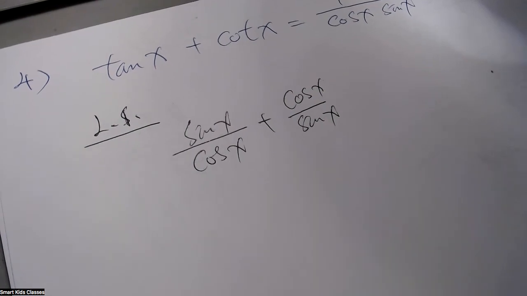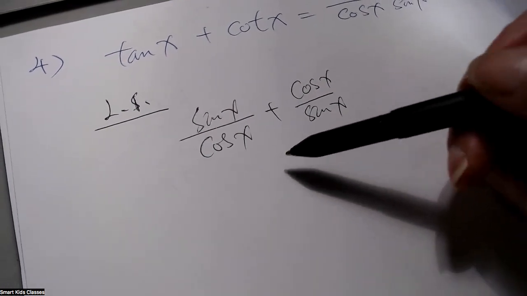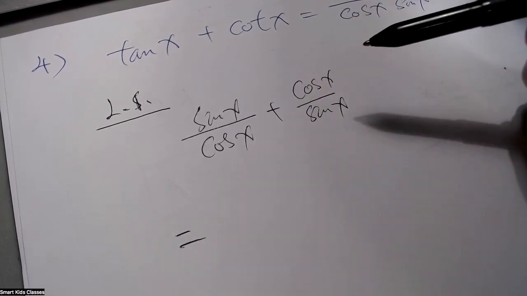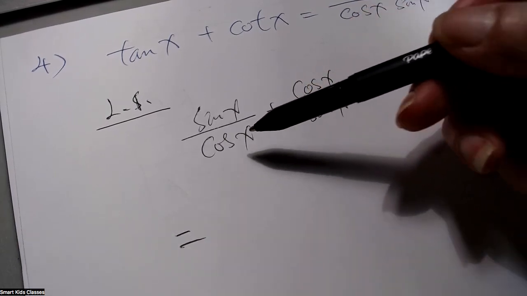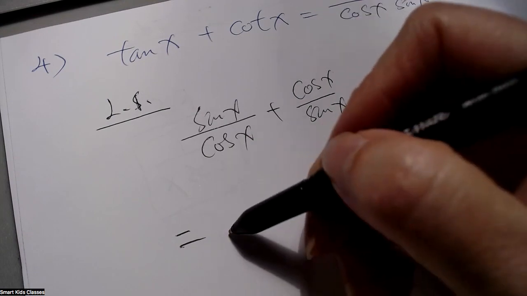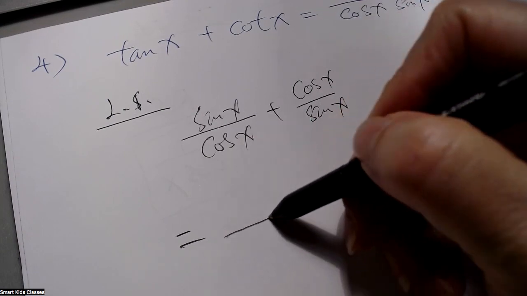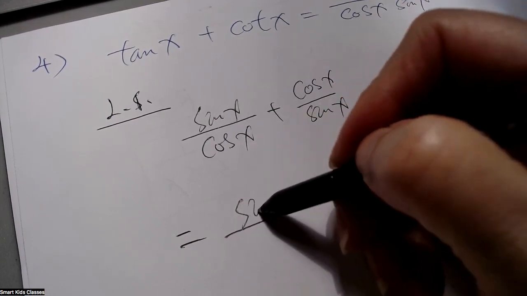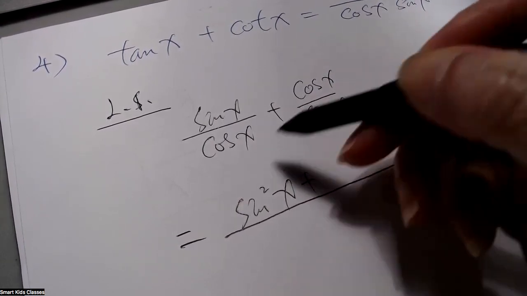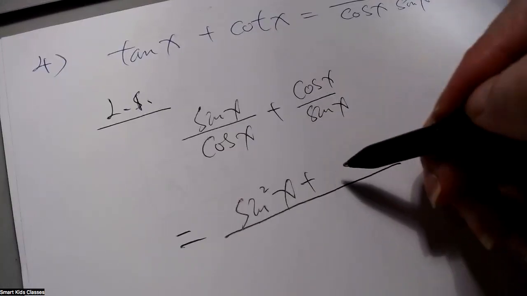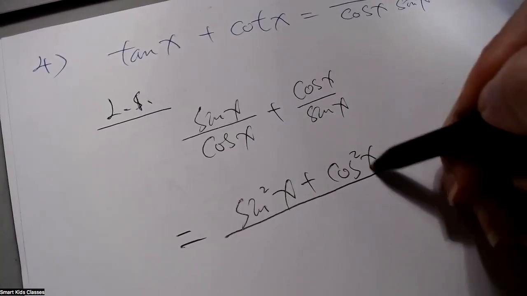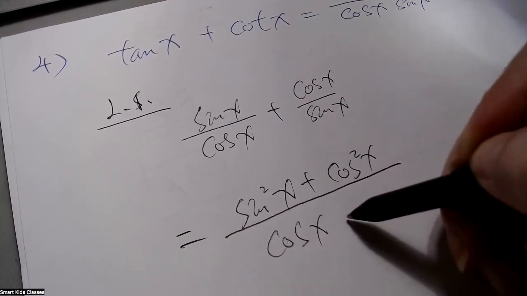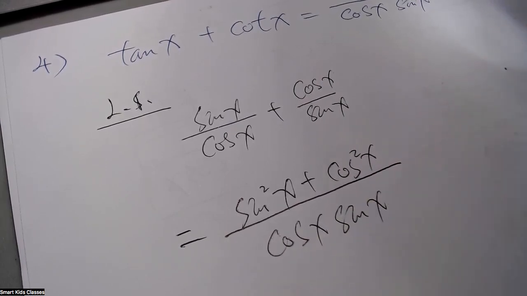So from here, we need to change to the same denominator. So the common denominator will be cosine times sine. Therefore, the first term becomes sine times sine, you have a sine square x, and cosine times cosine, so cosine square x. So you're going to have a cosine x and sine x.